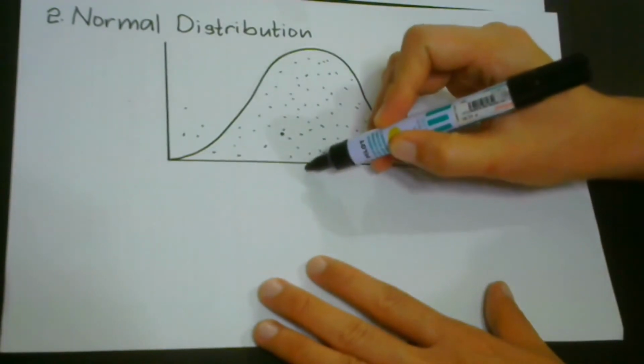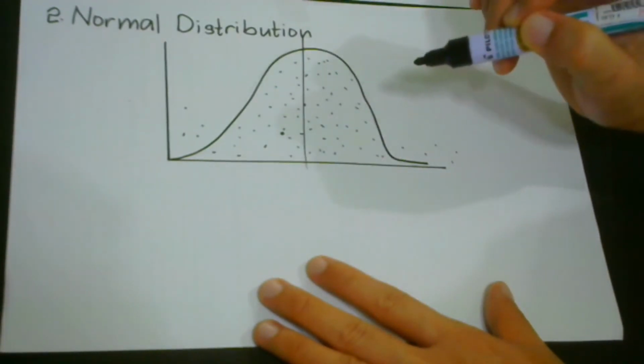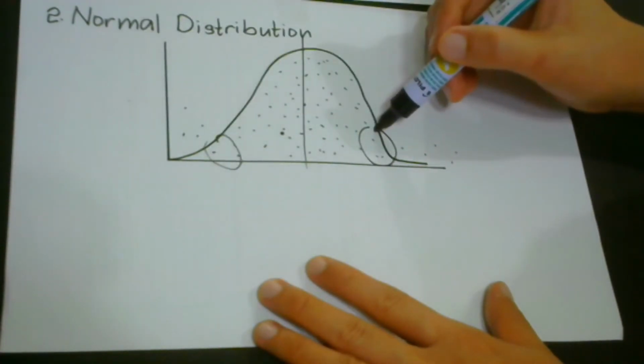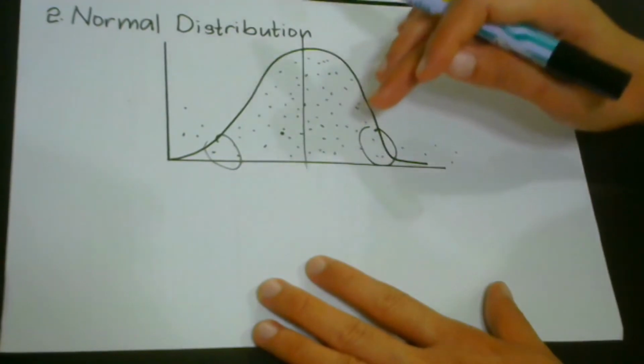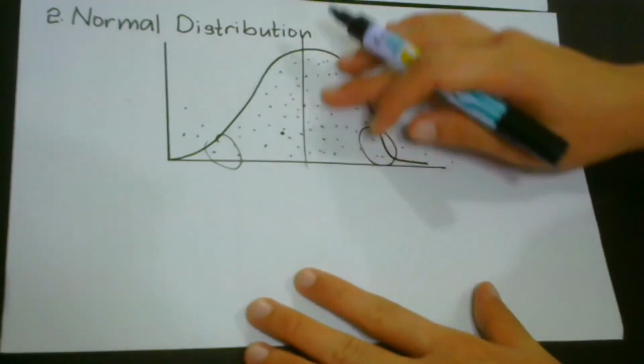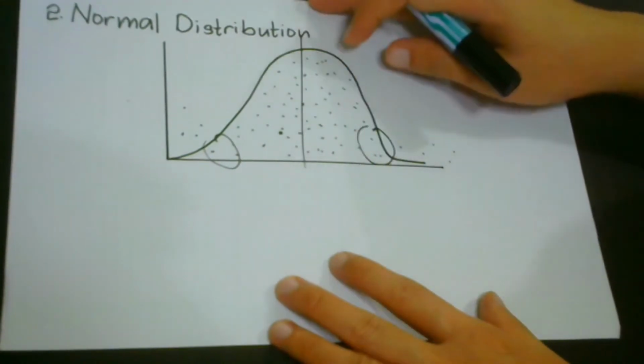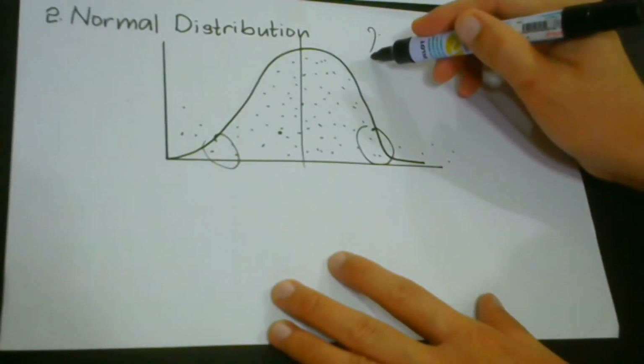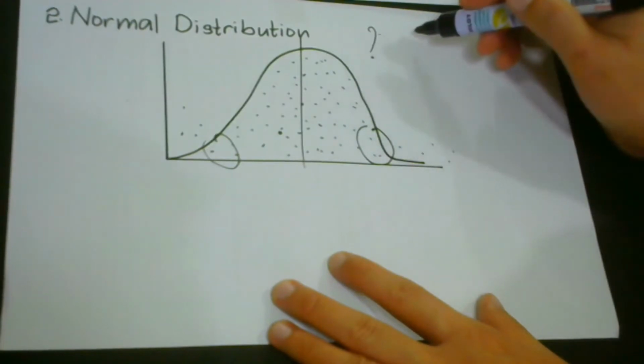This is our mean, for example, and as we could see, the points here and here are less in number in comparison to the points closer to the mean. So in this kind of distribution, the question here is, how do we define and identify the anomalous behavior?